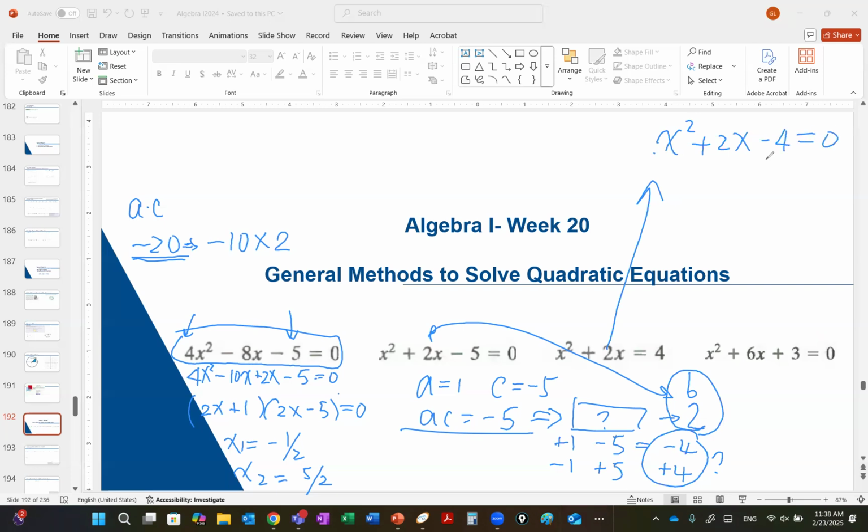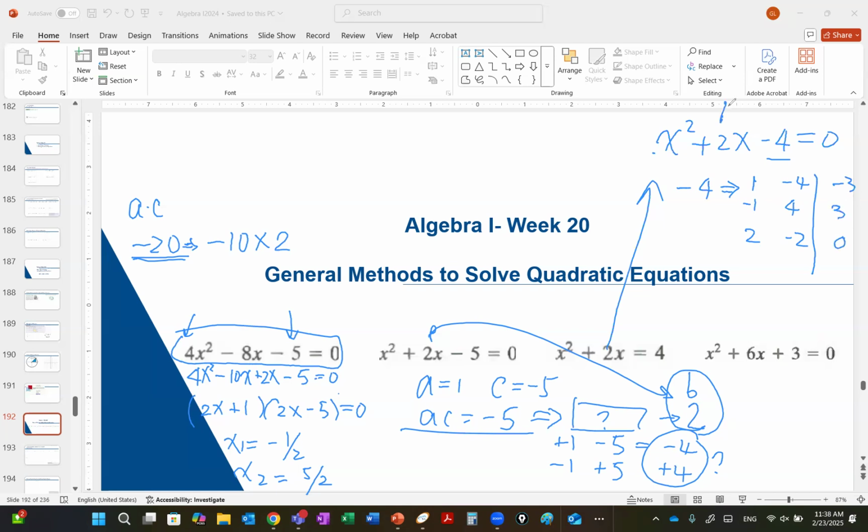So A is 1, C is -4. So A times C is -4. So the factors would be 1, -4, -1, +4, 2, -2, -2, +2, right? So the sums of them are -3, 3, 0.